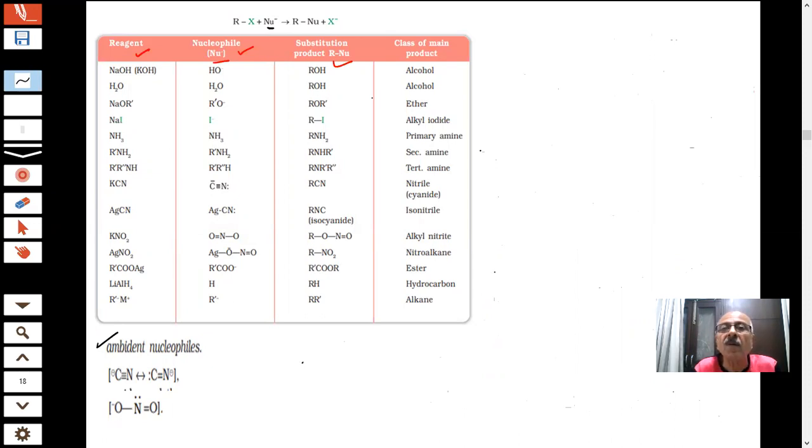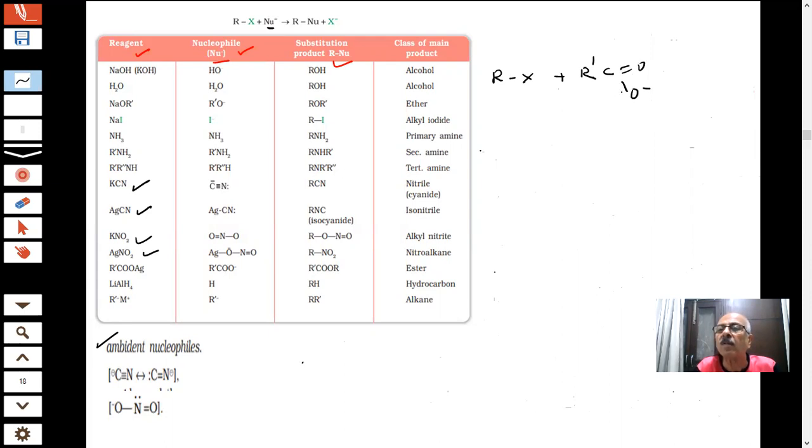Now we are done with KCN and AgCN, KNO2, AgNO2, the most important questions. Further, there can be nucleophiles like R'COO minus.